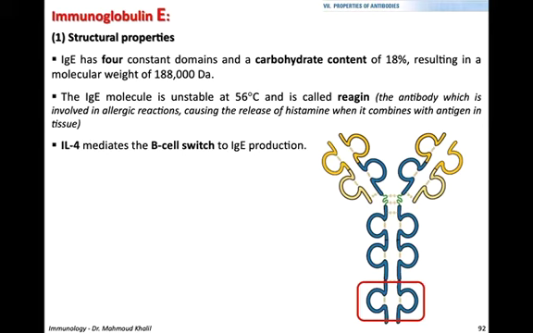Interleukin-4 is very important in mediating the class switch to IgE production. That means this B cell was originally forming another type of antibody, and upon exposure to interleukin-4, it will do class switching to start secreting IgE.